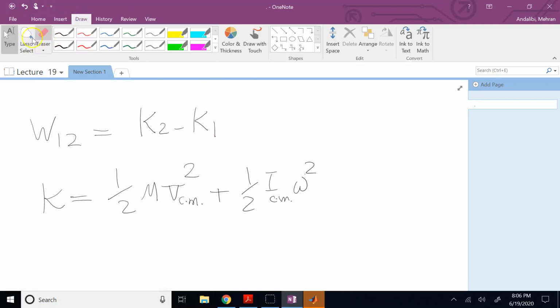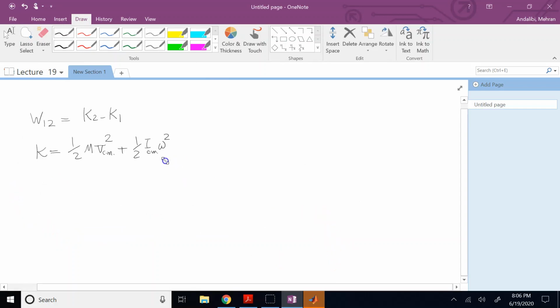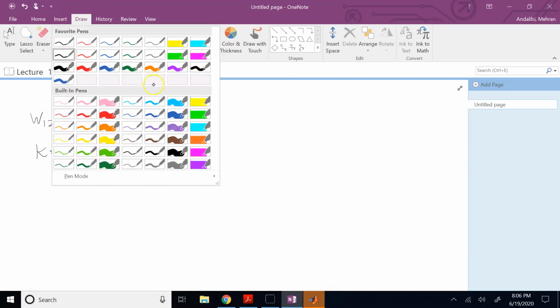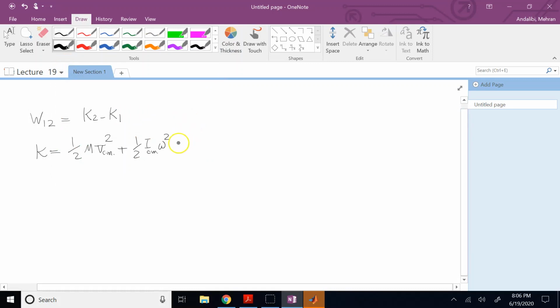And let me make this a little smaller so that we have room for other stuff. There we go. So now if you have translation only, so the rigid body does have pure translation, okay? When it is pure translation, then K is, of course, what?